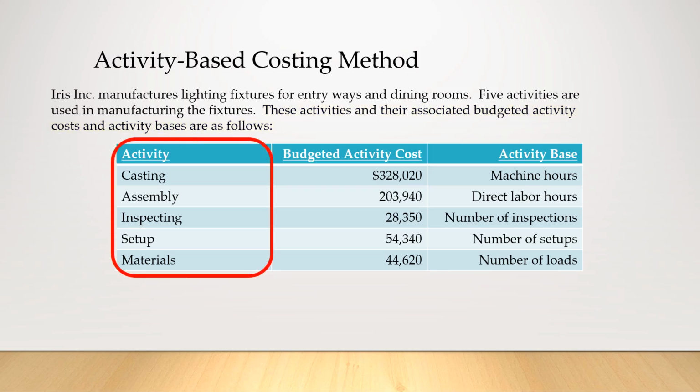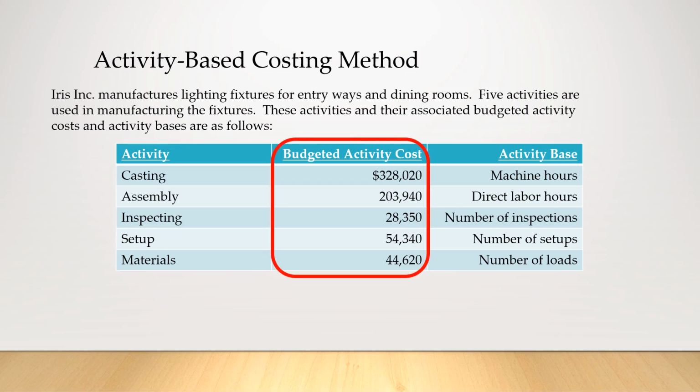We have 5 activities: casting, assembly, inspecting, setup, and materials. In the second column, we have the annual budgeted activity costs for those 5 activities.